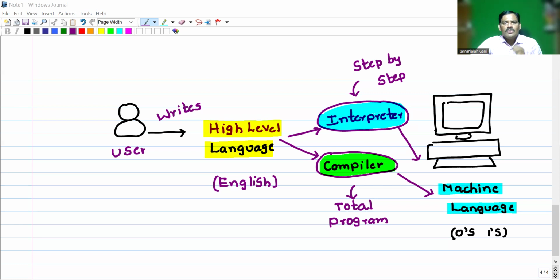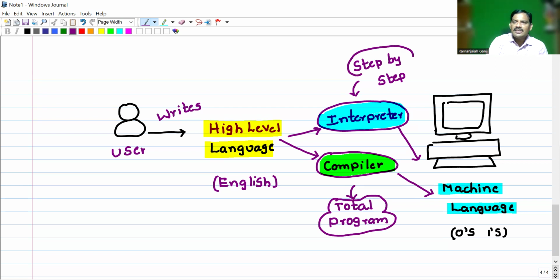Then what is meant by a compiler? A compiler is a translator which converts high-level language into machine language. What is an interpreter? An interpreter also performs the same, but a difference exists. In the case of a compiler, the total program will be converted at a time, whereas in the case of an interpreter, a step-by-step conversion will be executed.